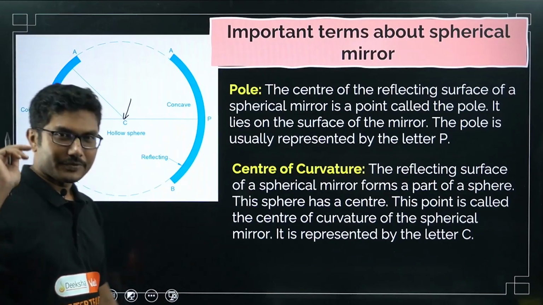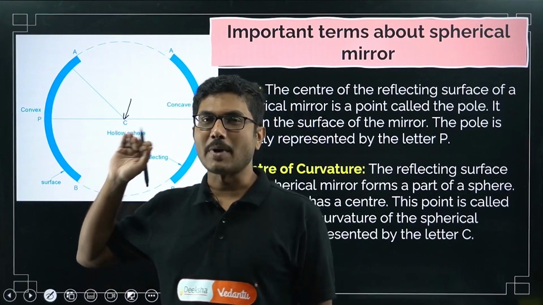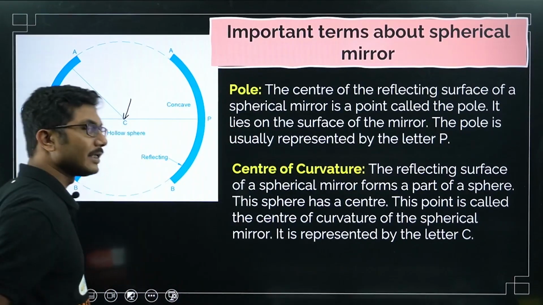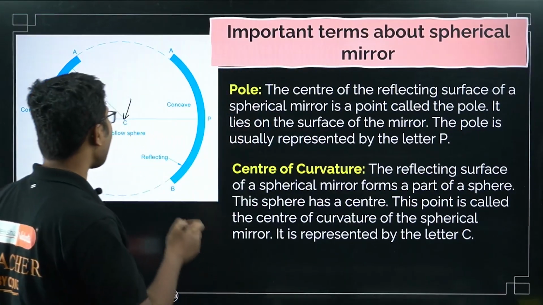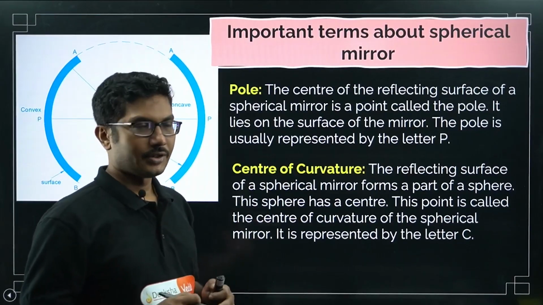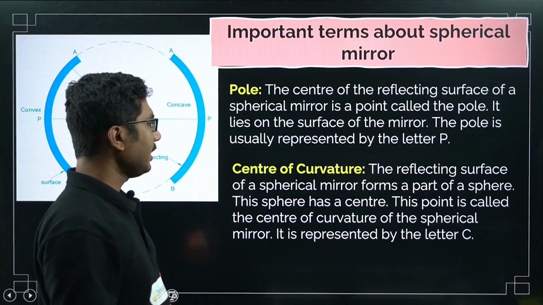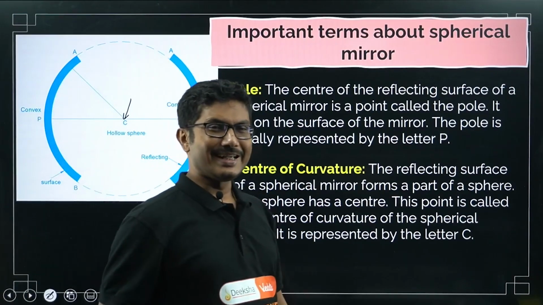Sorry for the confusion. The mirror is part of a sphere and that sphere has a center. That center is the center of curvature. This does not lie on the mirror. This point is always outside the mirror. It is represented by the symbol C.